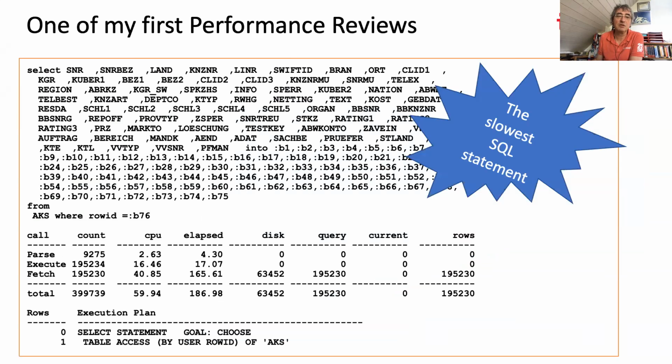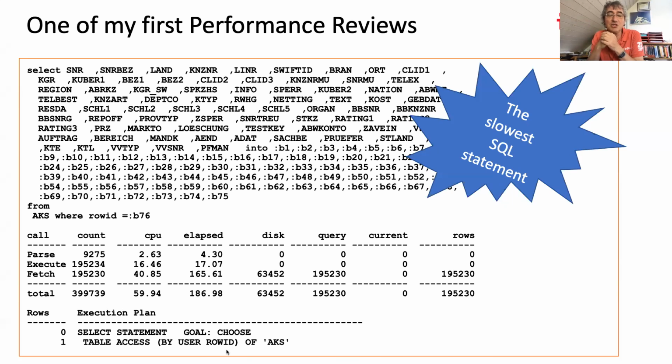It was executed 200,000 times, and actually for 3 minutes, that's not too bad. So the performance of this query is actually very good at this time with the hardware that they had. And also the execution plan we see here is a table access by index rowid of a table with a very short name.